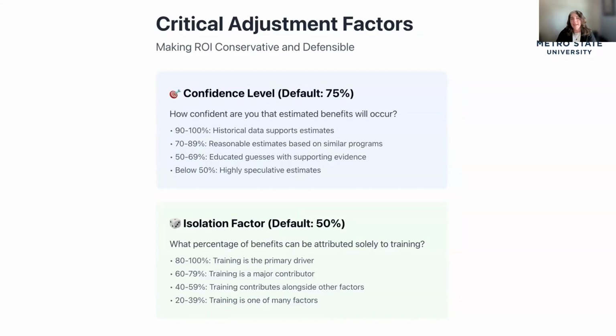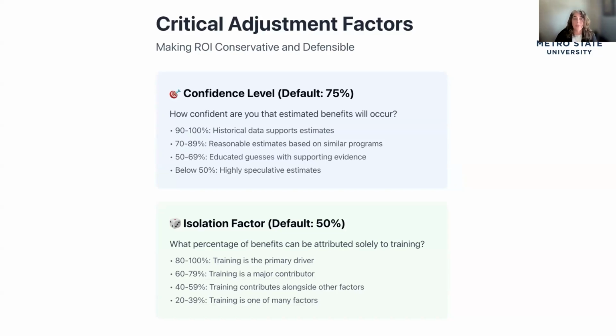So now I want to go back to that ROI adjustment. In our ROI calculation a few slides ago, it said adjusted benefits. And these two points are, I think, the most important part of the calculator we're going to look at today. And I think this is what gives your discussion with your stakeholders real professionalism and real merit. So first of all is the confidence level.